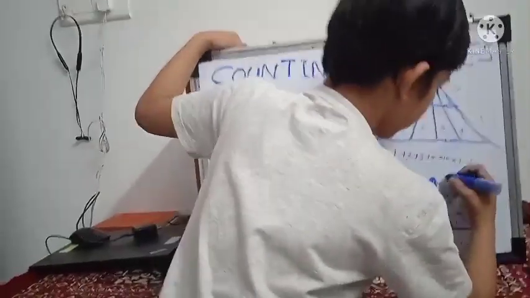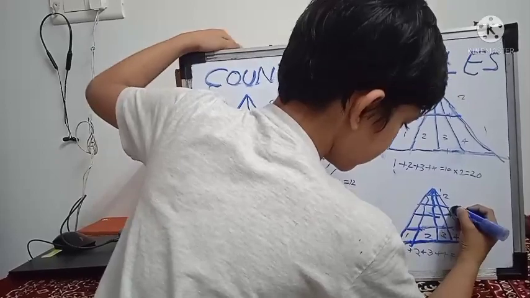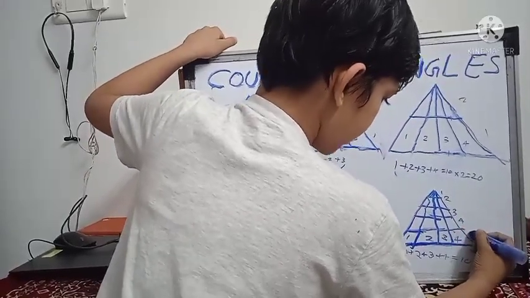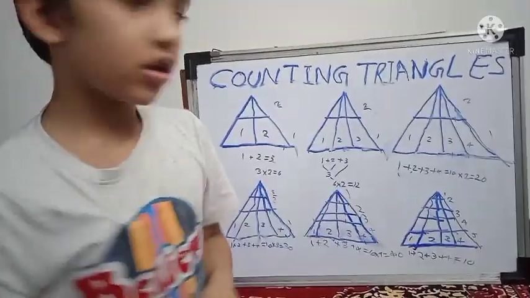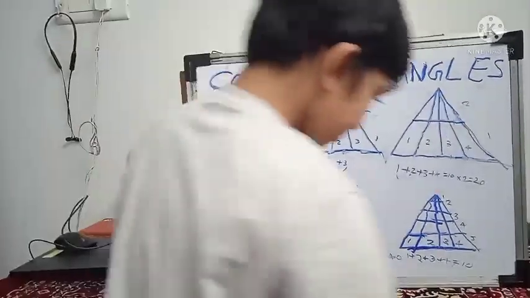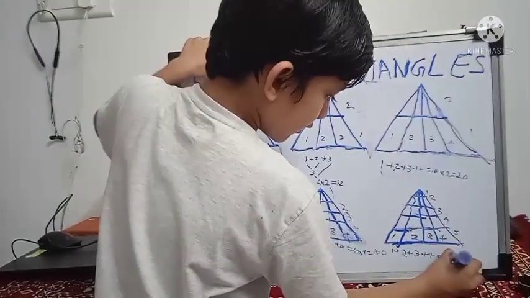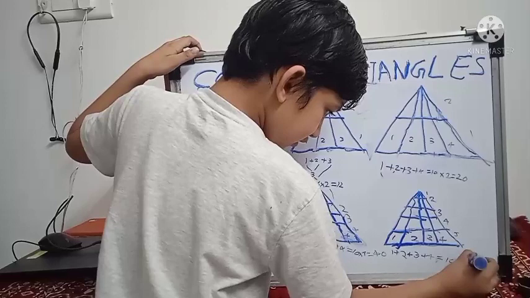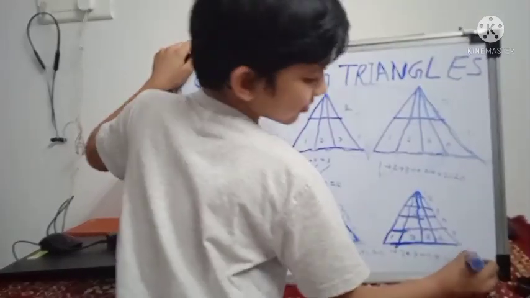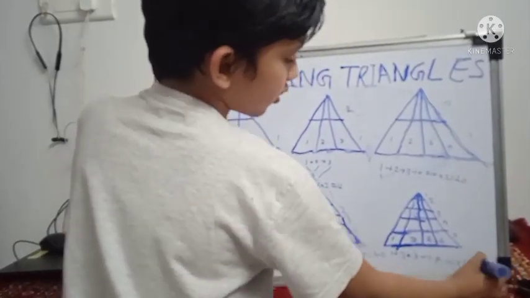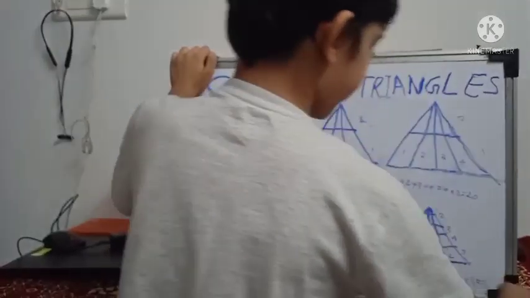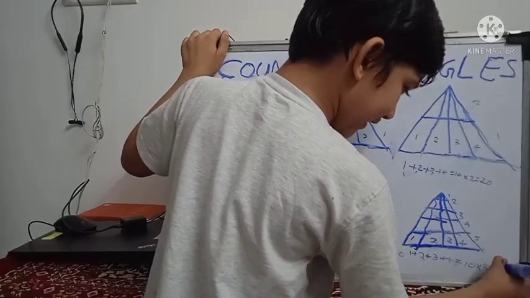Then again it will come 1, 2, 3, 4 and 5, means the highest number of the horizontal lines is 5. So we will multiply the 10 with the 5, which comes, yes, the half number of the 150.